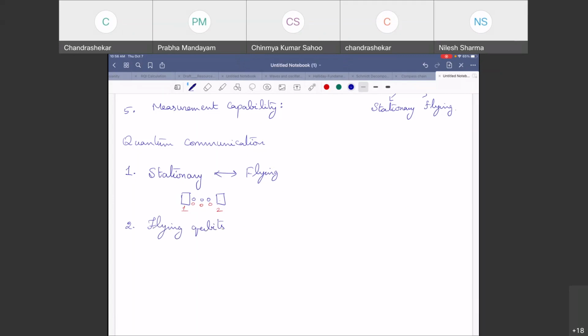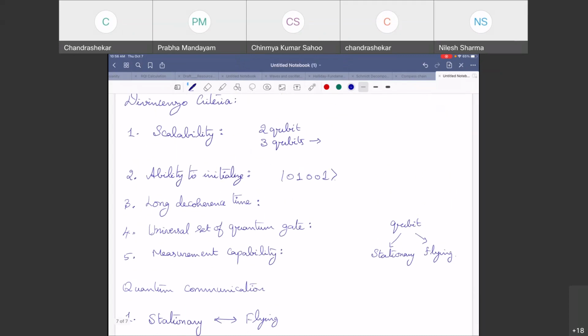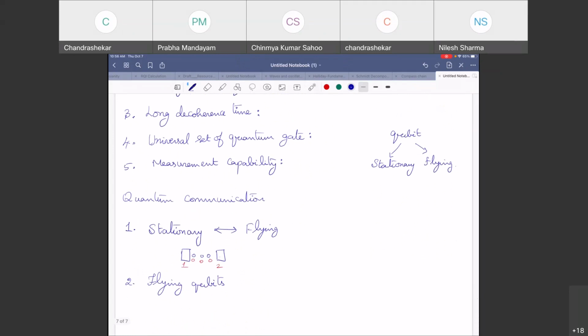Okay, so these 7 properties are called the DiVincenzo criteria. The first 5 are useful for quantum computation, and the last 2 are useful for quantum communication as well. I think we have looked at the realization of qubits and the criteria needed for a qubit to be useful in quantum computation and quantum communication processes.